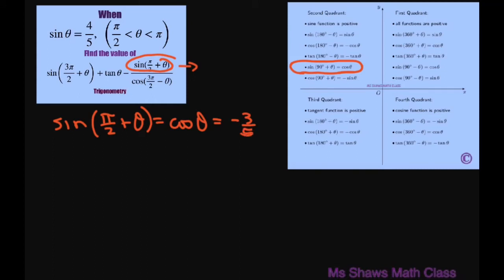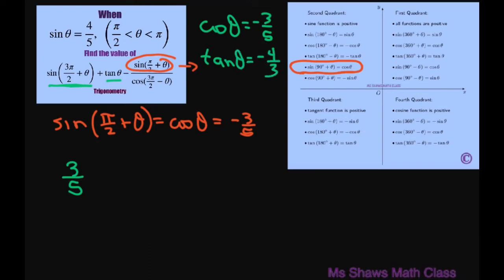Okay, so let's substitute everything in. This piece here was already 3/5. That was negative cosine. Remember, cosine of theta was negative 3/5. And then we have tan of theta, which was negative 4/3, so we're going to subtract 4/3.